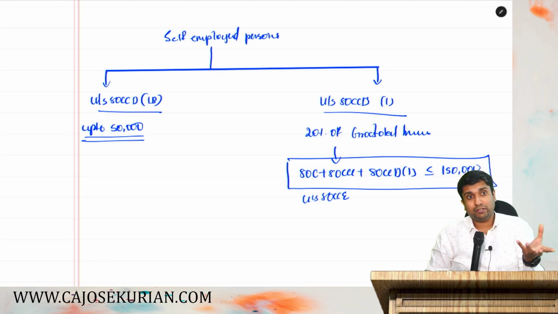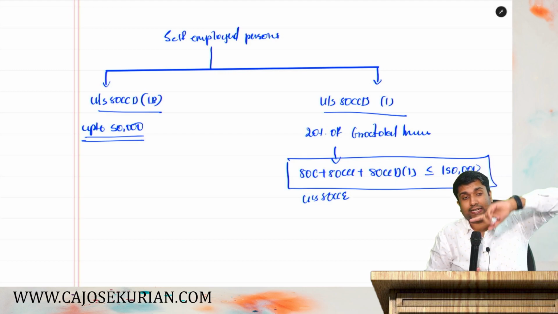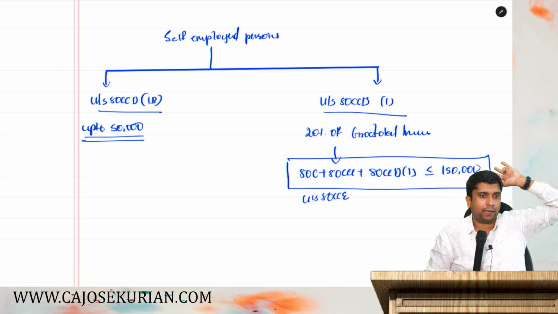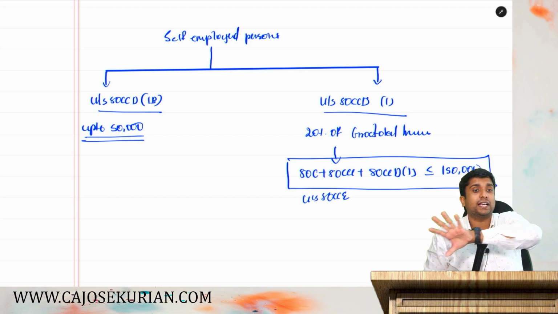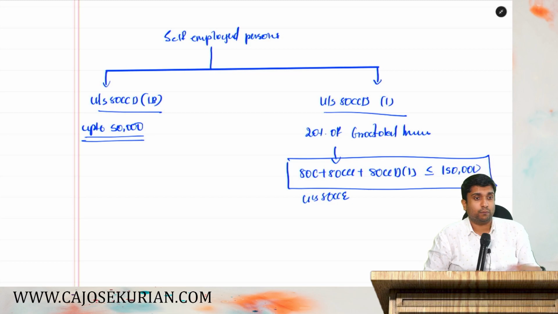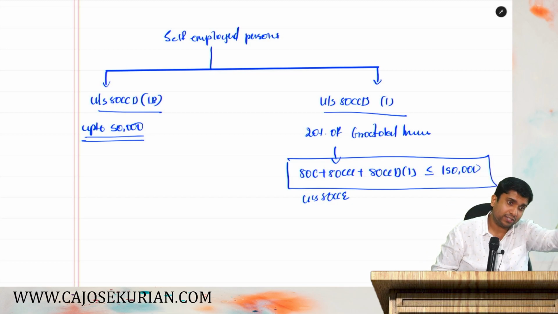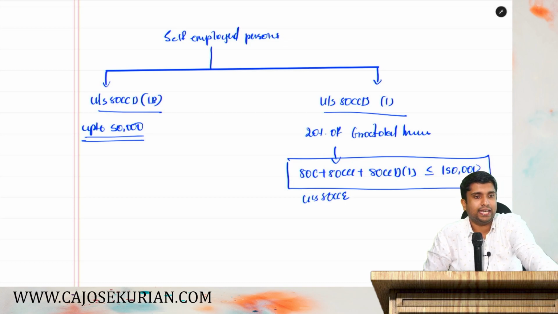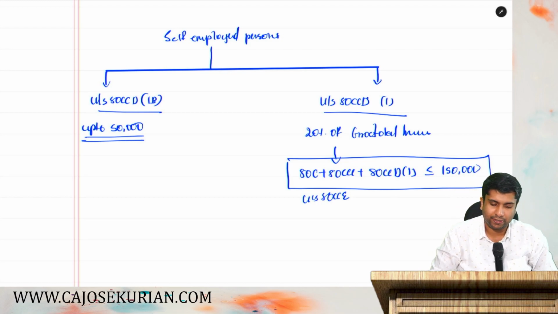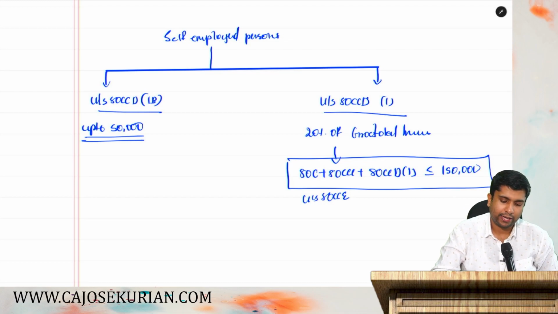The contribution which is over and above 50,000 has to be deducted under 80 CCD subsection 1, just like the employed case also. 20% of the gross total income will be your maximum deduction under 80 CCD subsection 1, and that is subject to an overall ceiling under 80 CCE. And how much is that overall ceiling? 80 C plus CCC plus CCD subsection 1 shall be less than or equal to 1,50,000 under 80 CCE. That's what the department says for a self-employed person.